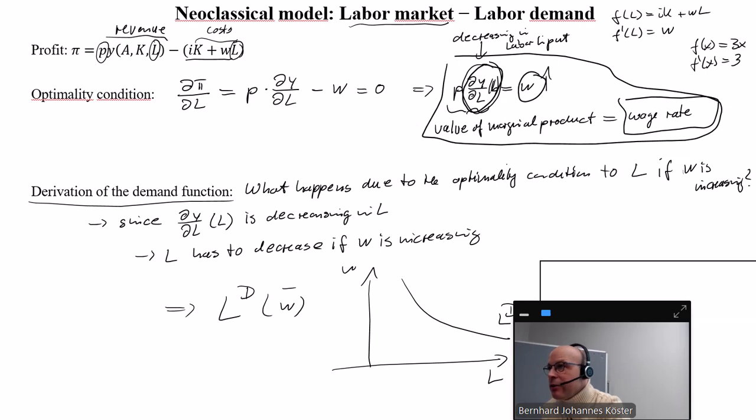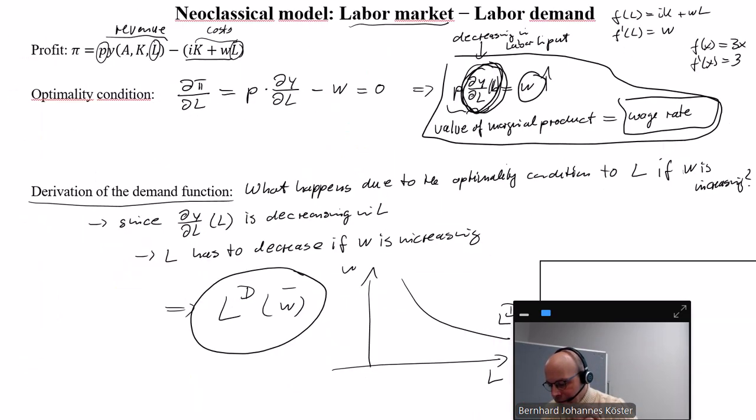So increasing this constant, that is, increasing the wage rate, would mean that we have to decrease the labor input, since the second derivative of the original function is negative, so that we have an inverse dependence. From this we obtain our classical result: the higher the wage rate, the fewer people will be hired by the enterprises.